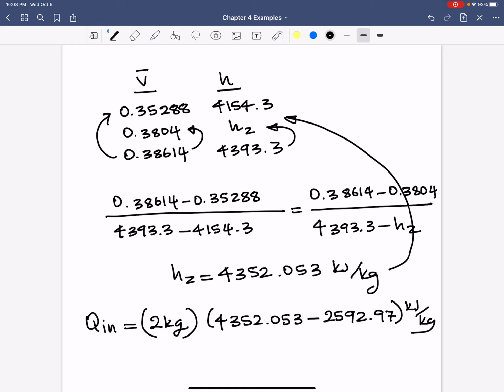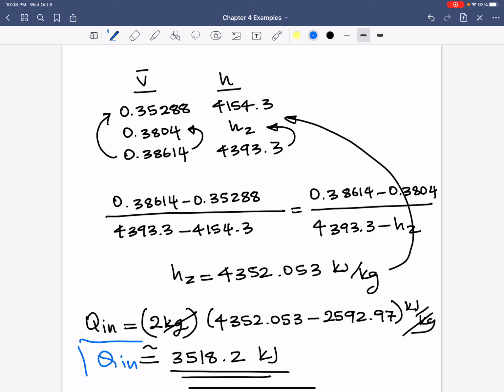All right, and you end up with 3,518.2 kilojoule. Make sure the units give you kilojoule at the end because that's the energy unit, right? So here is your heat interaction that you were looking for.